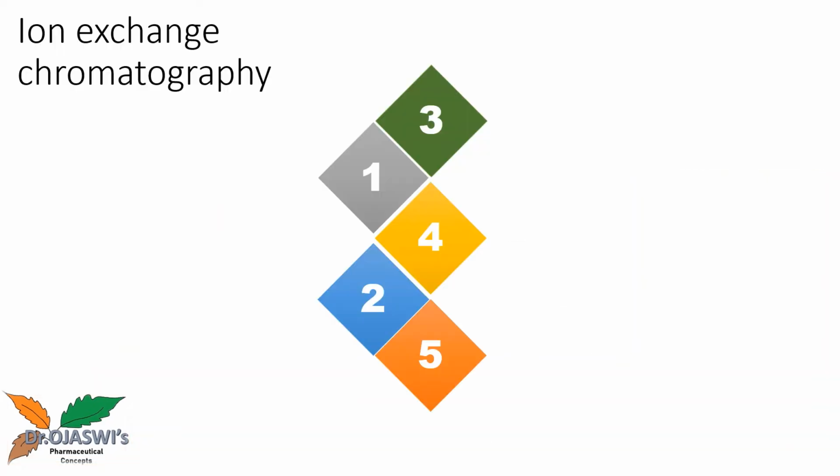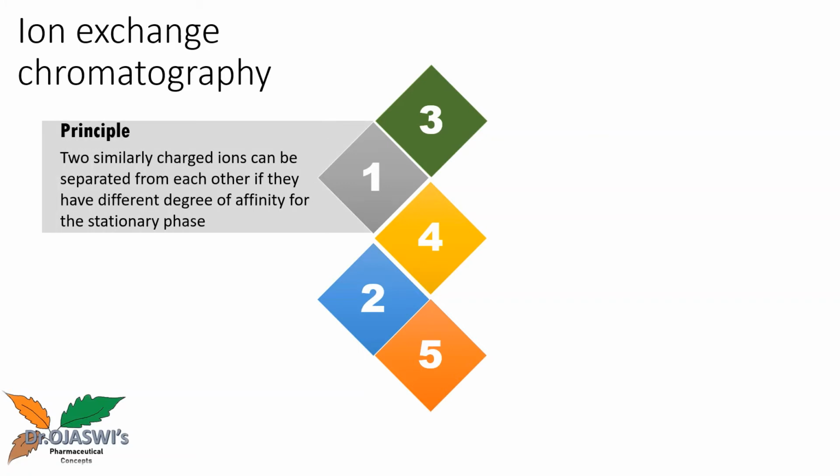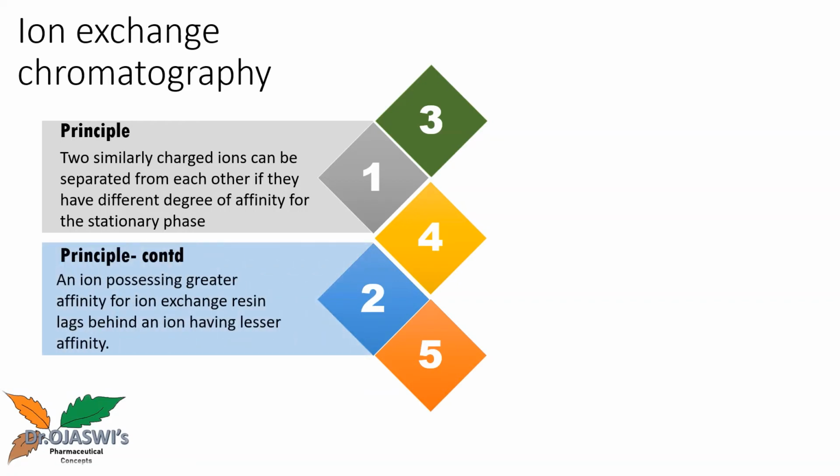Let us learn something about ion exchange chromatography, some very basic and fundamental points related to principle, stationary phase and mobile phase. Two similarly charged ions can be separated from each other if they have different degrees of affinity for the stationary phase. An ion possessing greater affinity for the ion exchange resin lags behind an ion having lesser affinity.